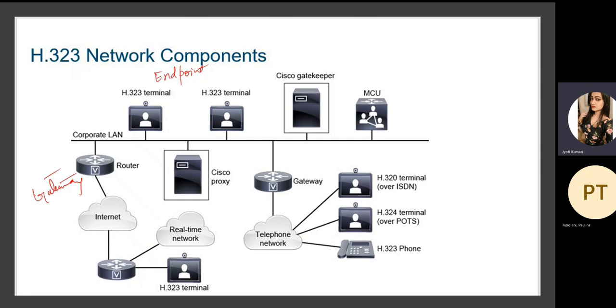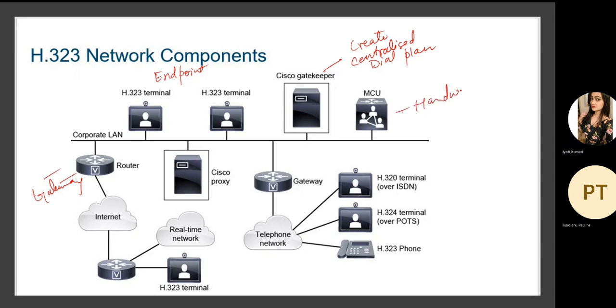We have H323 terminals. This is just a term used for H323 endpoints or H323 terminal, you can say. Cisco Gatekeeper is used to create a centralized dial plan. Then we have MCU. MCU is not used anymore. This is a hardware resource which is used for call processing.